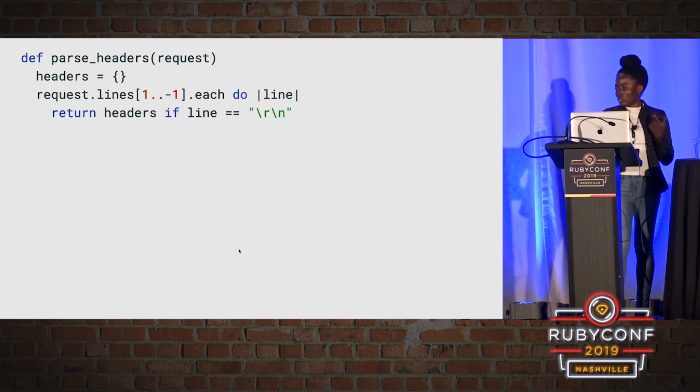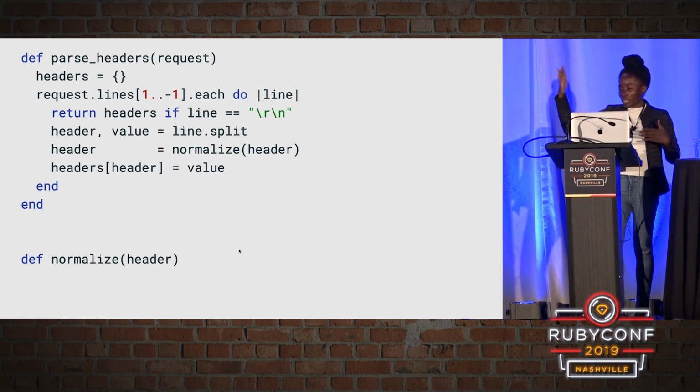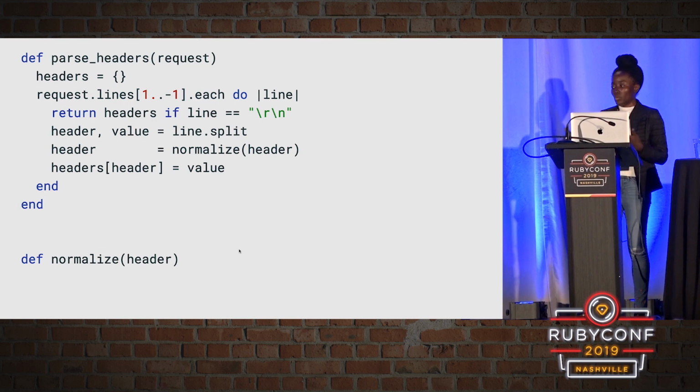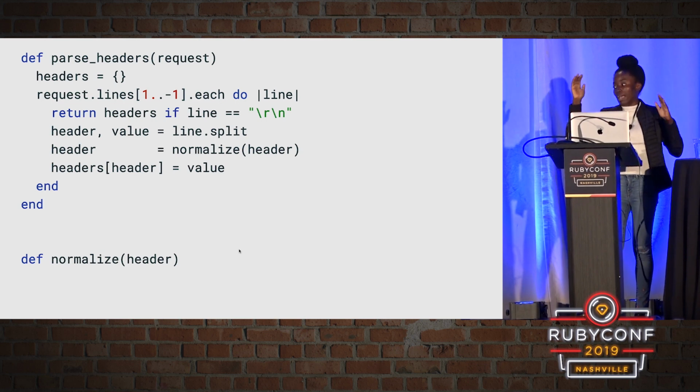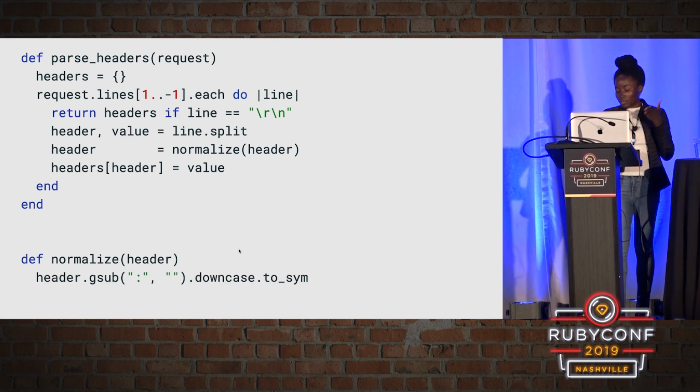The next slide shows a code snippet for how you parse the headers. Here, we're taking the request from the second line, because we've already handled the first line. Then we're taking each line, and until we get to the end, we're splitting it into key and value, delimited by a colon.